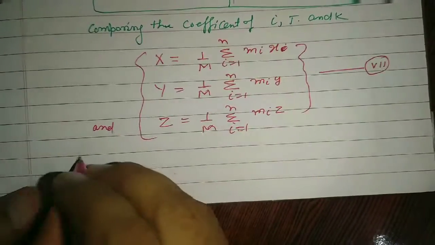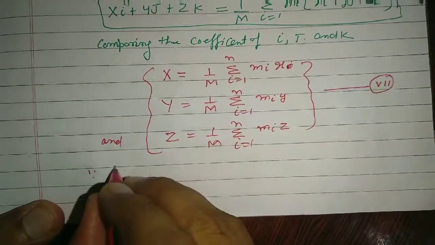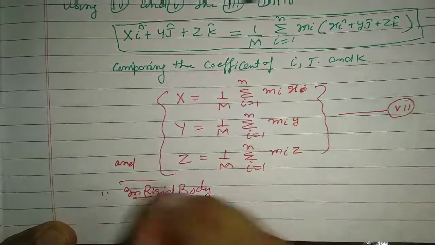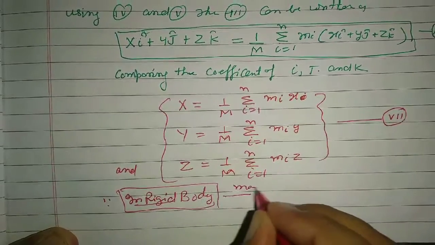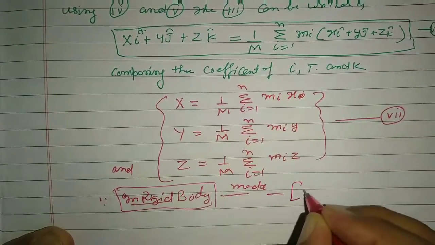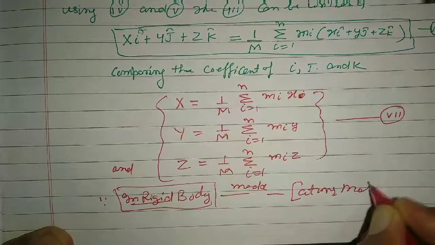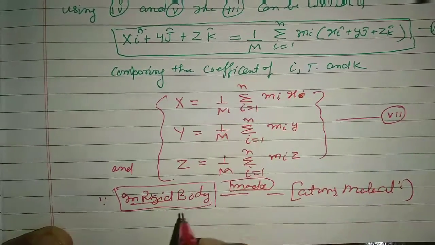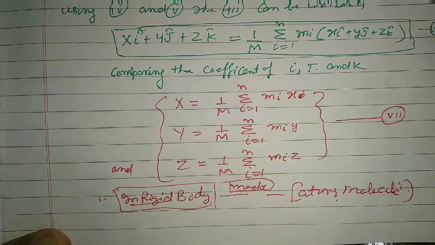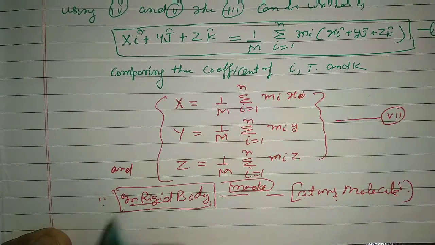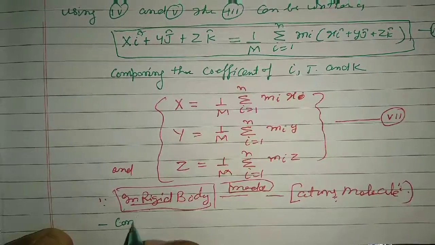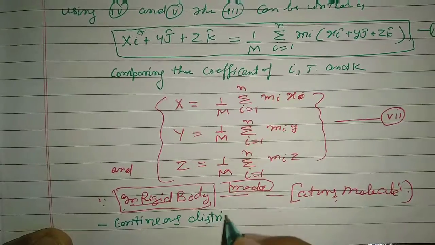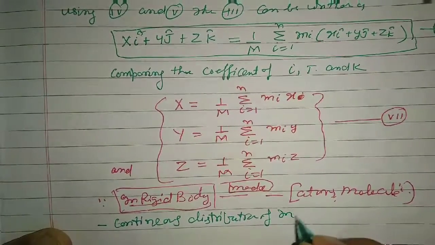Now see, a rigid body is made up of atoms, molecules, etc. Here its structure is known as a continuous distribution of mass.